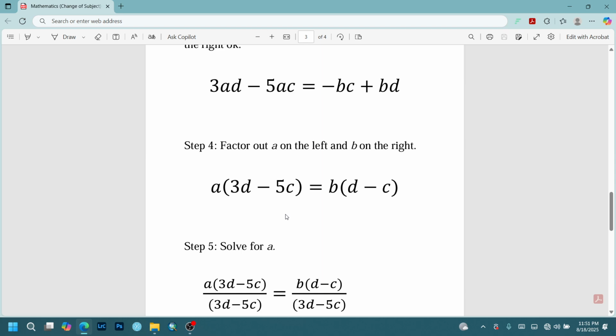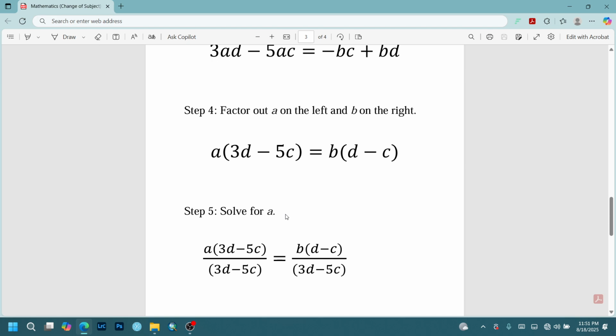Whatever you do for the left hand side of the equation, you do the same for the right hand side. So we are going to have the fraction A multiplying 3D minus 5C over 3D minus 5C equals B multiplying D minus C over 3D minus 5C.